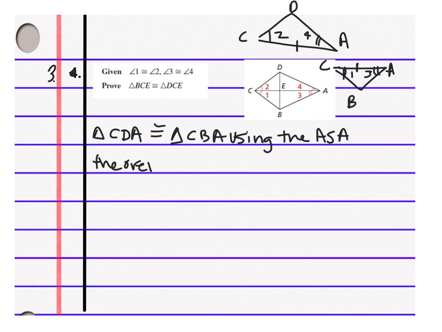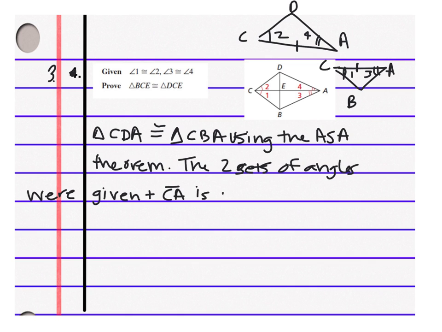How do we know that? The two sets of angles were given. And CA is reflexive.